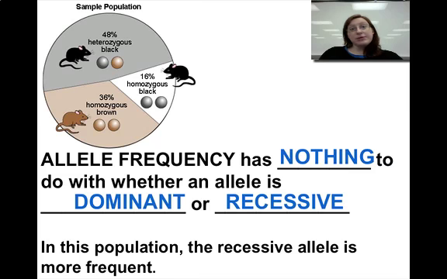However, how many people do you know that have polydactyly? Not that many. So what that's an indicator of is the fact that in our human population here, we have very few dominant alleles and very many more recessive alleles. So when we would look at the frequency there, the recessive allele frequency would be much higher. Okay.